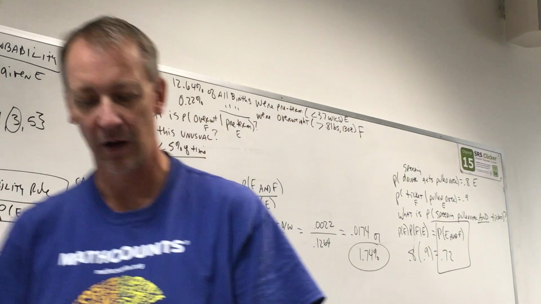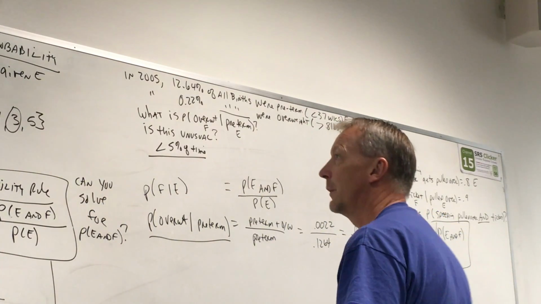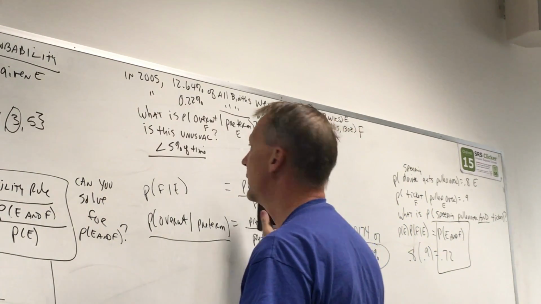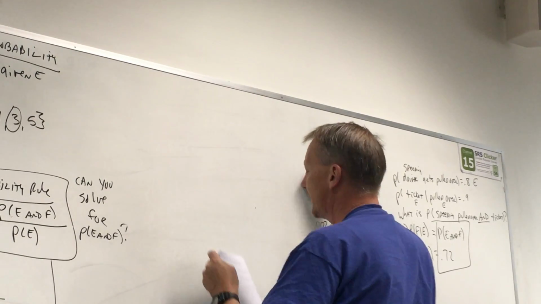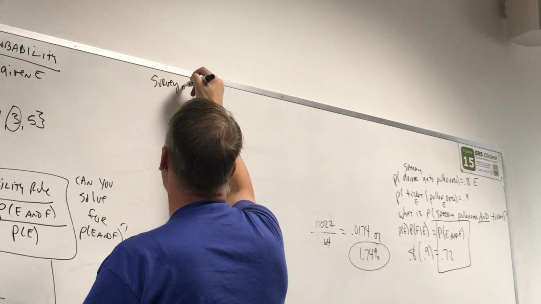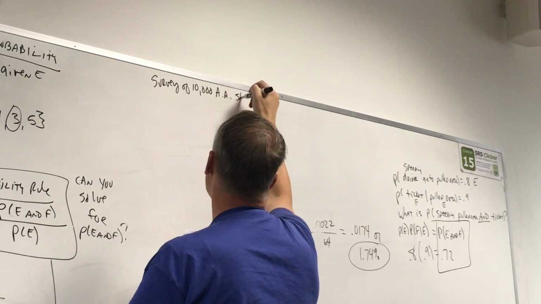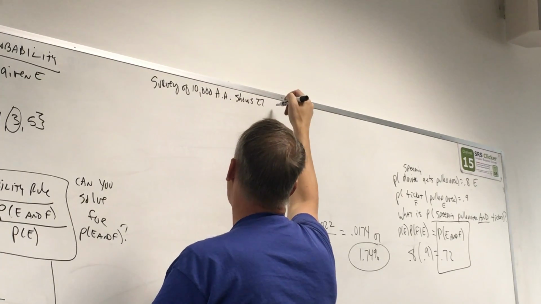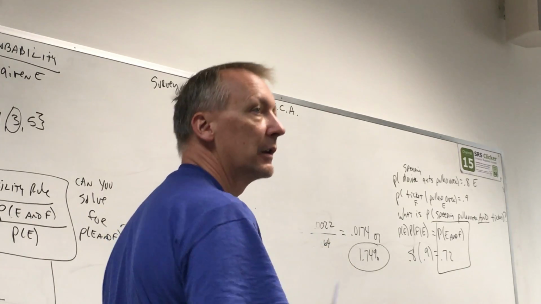Okay? All right, got one last thing I want to do really quickly. So, I'm going to erase this. Now, let's say that a survey of 10,000 African Americans shows 27 have sickle cell anemia. Okay?